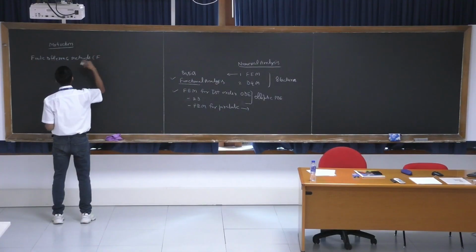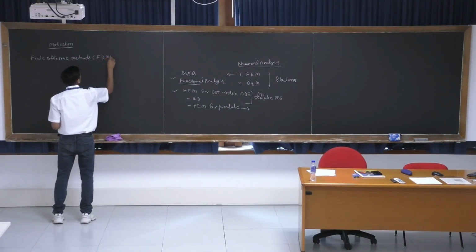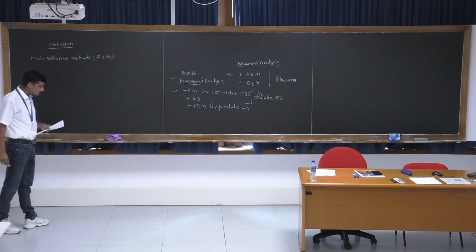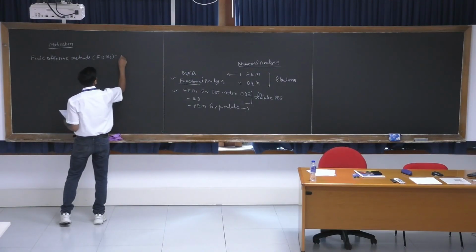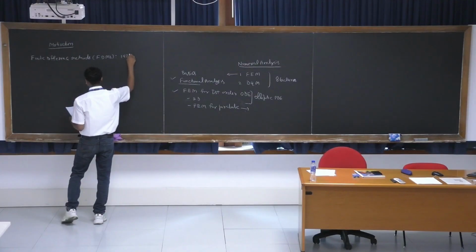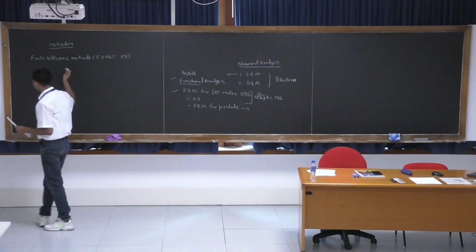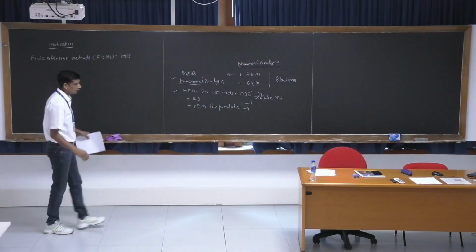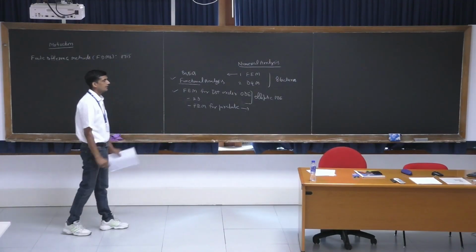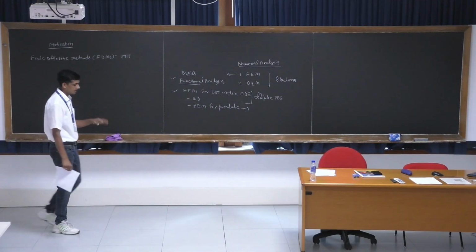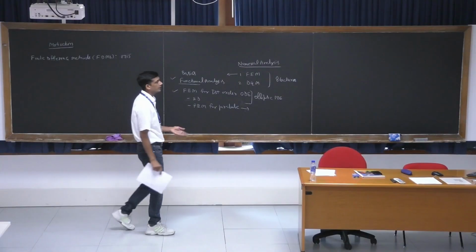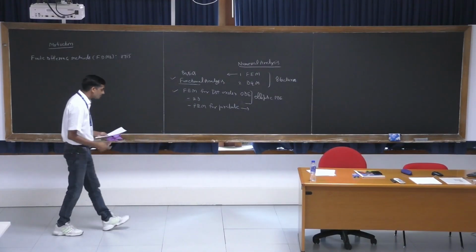We write it as finite difference method, FDMs, and these methods started in 1750. These are very old methods, and till now people are working on the finite difference method, but in hybrid types of finite difference method.